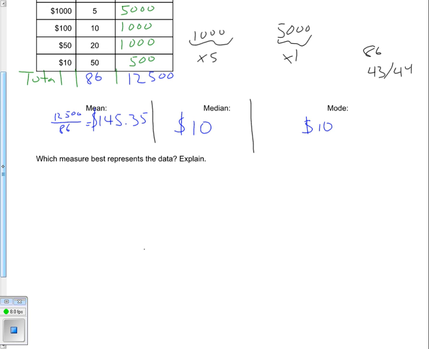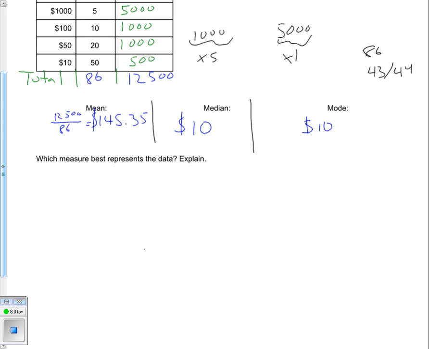The mode is $10. That means that the winning value that happens most often is $10. Very few people get anywhere more than $10. So the median and the mode of $10 are much more reflective of most people's winnings.